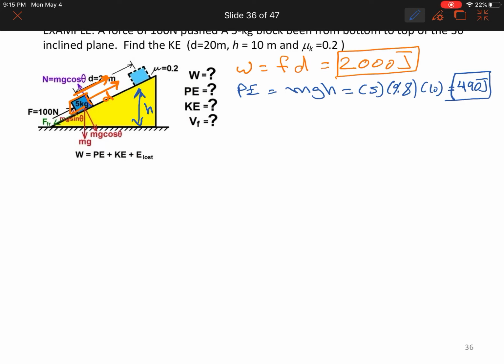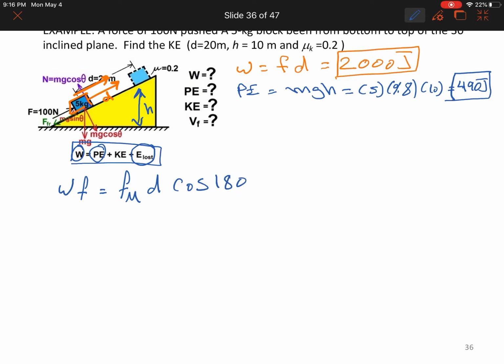Second part of this, we need to find from our equation. Remember, this is the equation that we looked for. We already found work and we found potential energy, and now we need to find energy lost. Remember, energy lost is defined as work friction, and work friction should equal force friction times D times cosine 180.